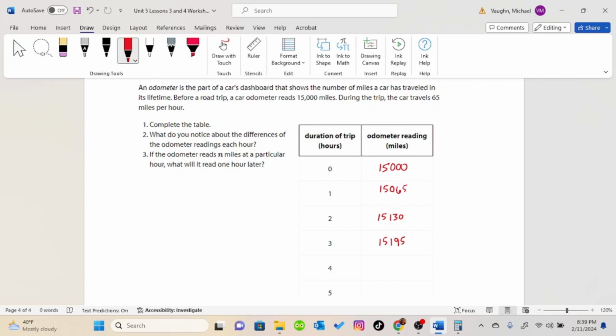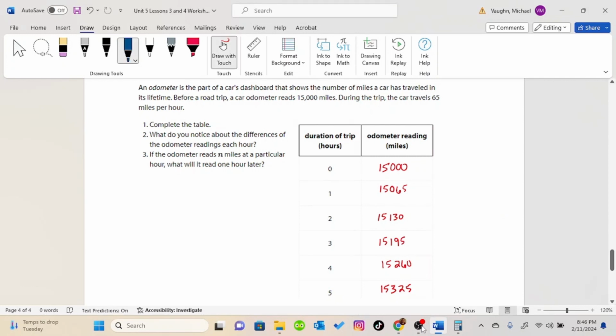We drive a fourth hour, we add another 65, and we're at 15,260 miles. And finally, we drive a fifth hour, we add another 65 miles, and we're at 15,325 miles.